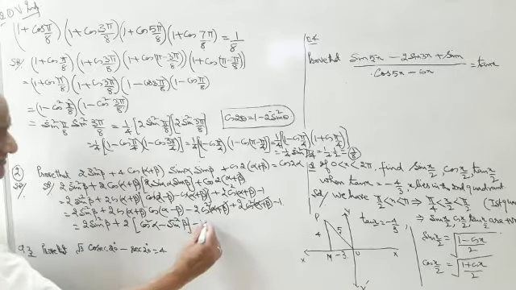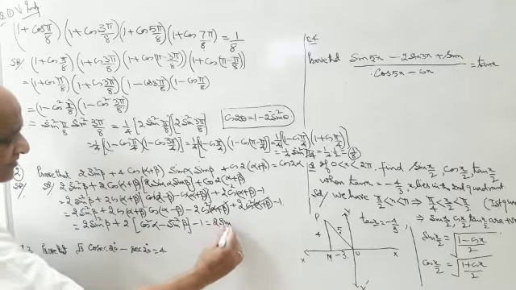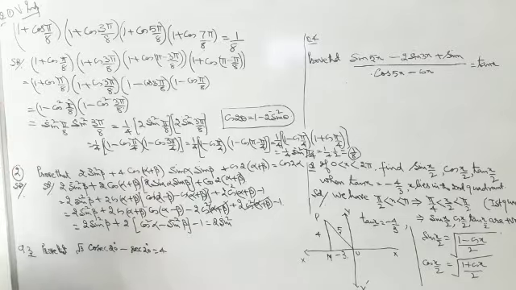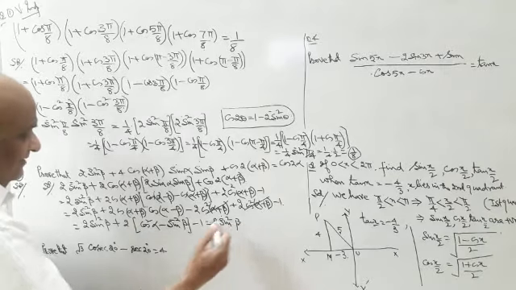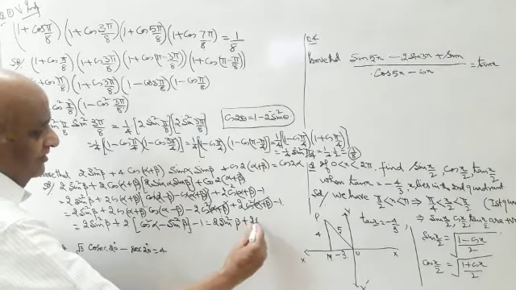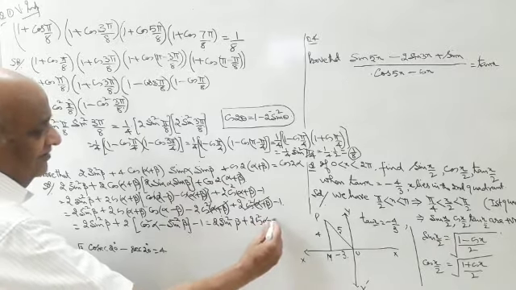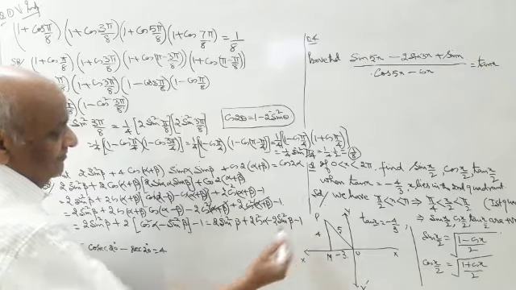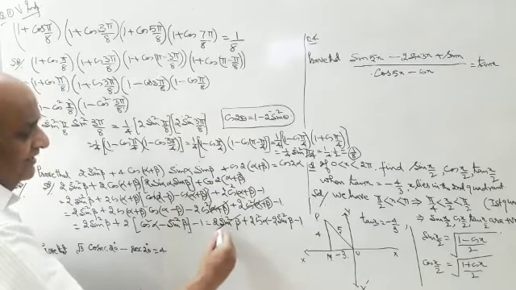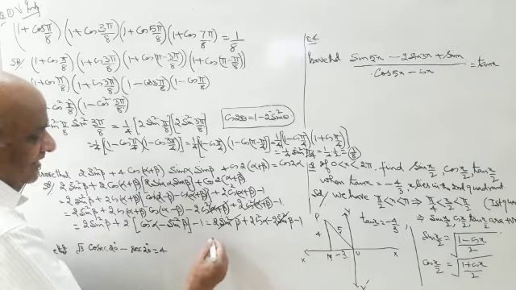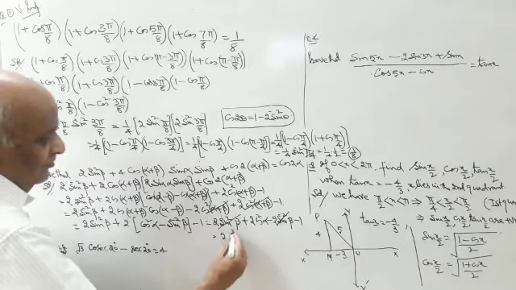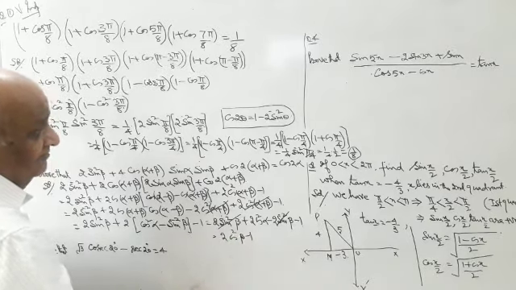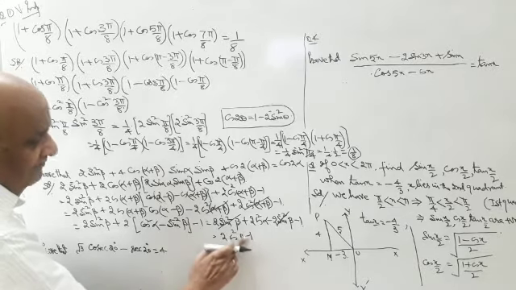Now open the brackets. It is 2 sin square beta plus 2 cos square alpha minus 2 sin square beta minus 1. So see here, 2 sin square beta will go and we have just 2 cos square alpha minus 1.